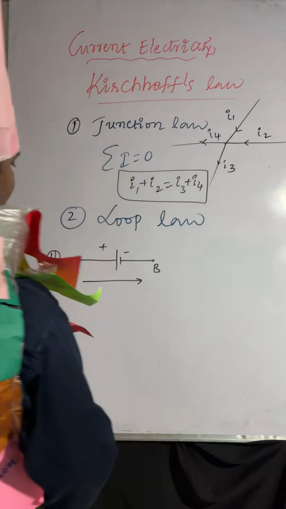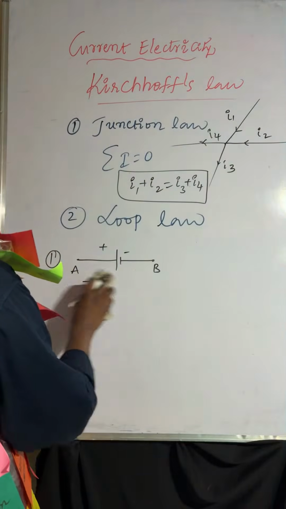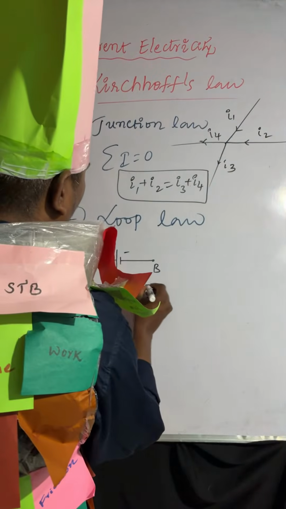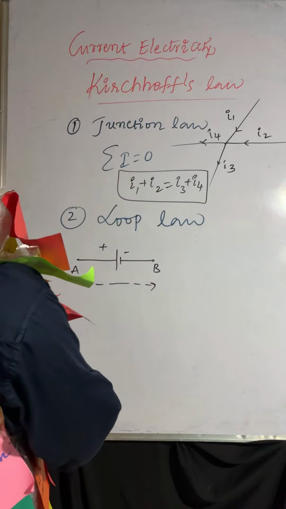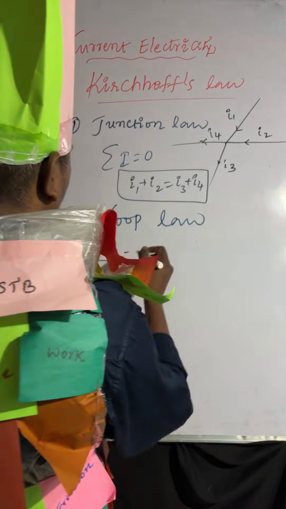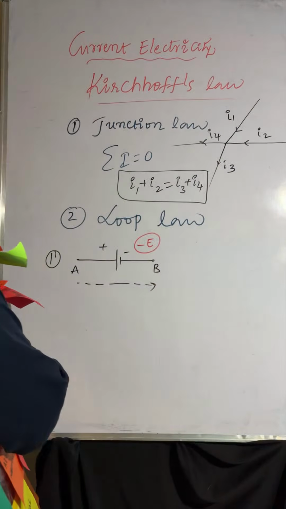Positive terminal, negative terminal. The EMF of this cell is negative when you are moving from A to B, because you are moving from positive to negative. So the EMF is negative. Very important.